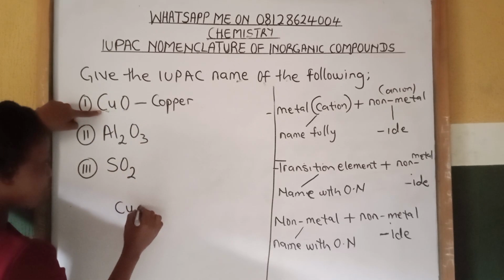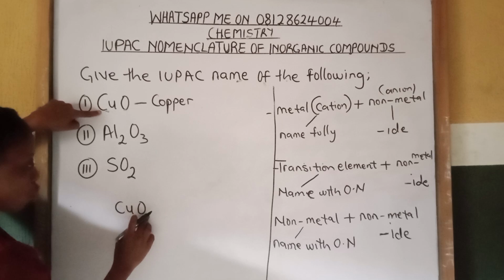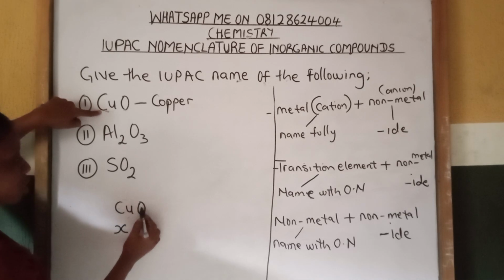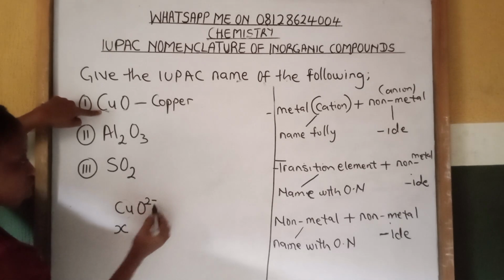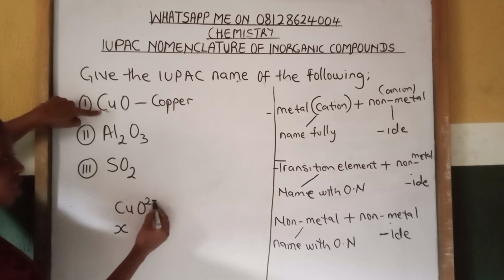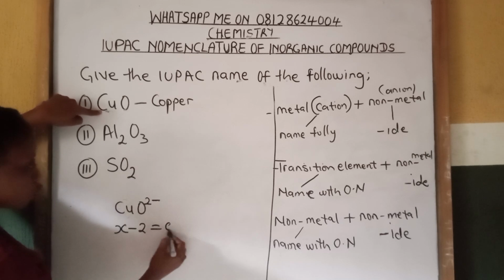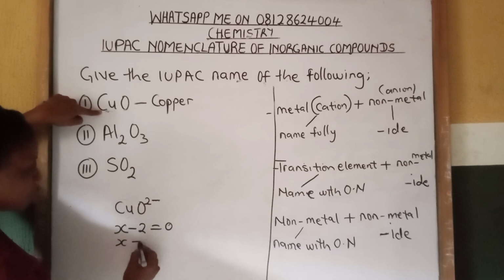Copper oxide is CuO. Then you look for copper. Make copper your unknown. Let me change this copper to X. Now the charge on oxygen is 2 minus, that is, the valence of oxygen is 2 minus. So X plus -2 equals 0. So X equals, bringing -2 to this side, +2.